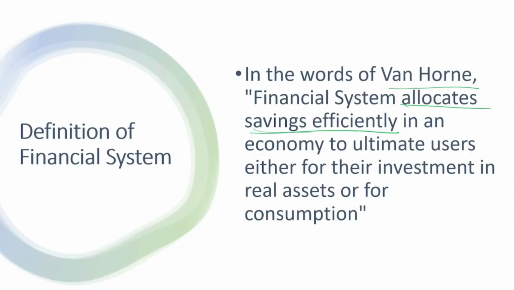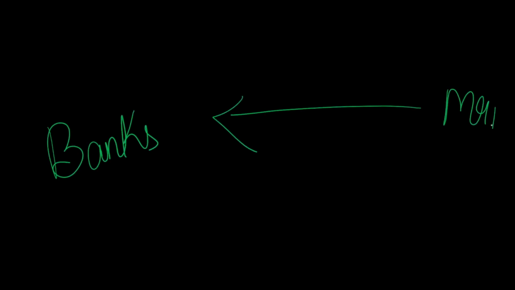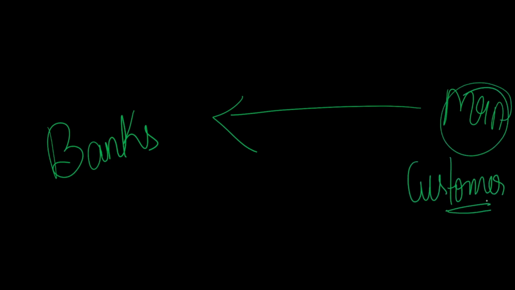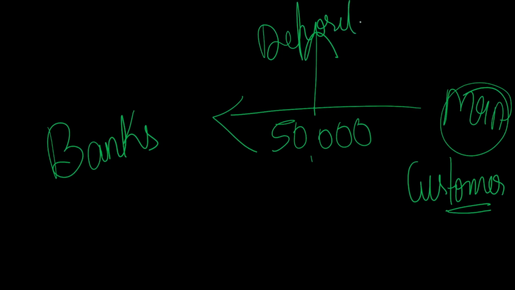It allocates savings efficiently in an economy to the ultimate users, either for their investments in real assets or for consumption. Banks are there. Now I am Mr. A, a customer of the bank. I am putting 50,000 in my account as a deposit for 10 years.